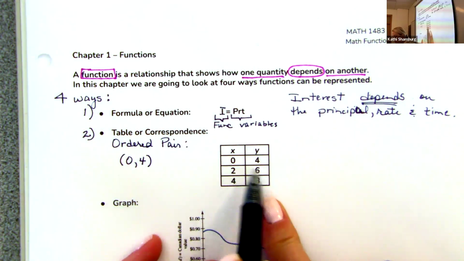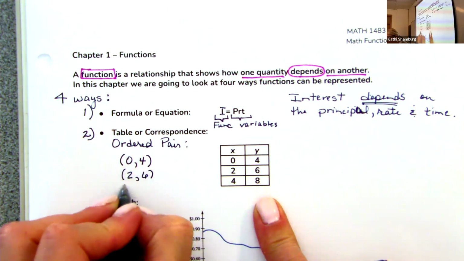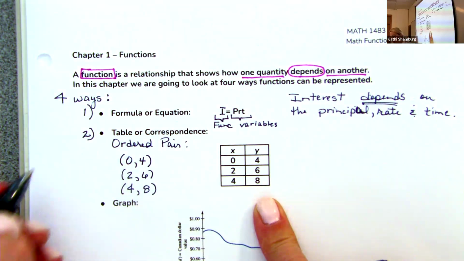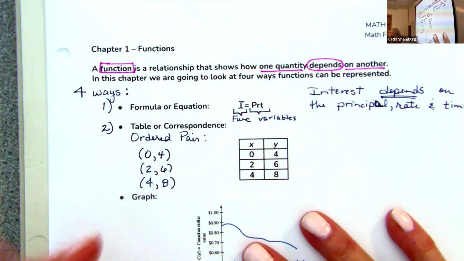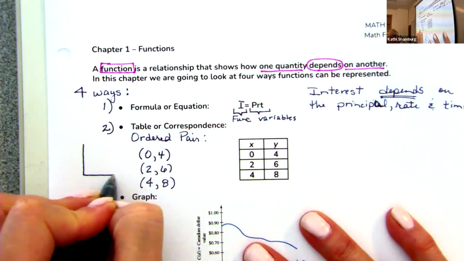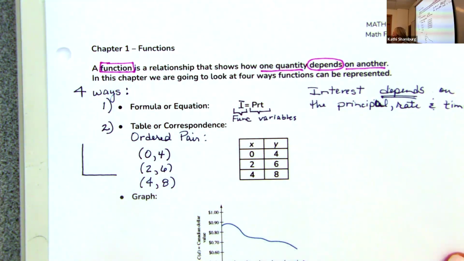So we would have 0, 4, another ordered pair would be 2, 6, another ordered pair would be 4, 8. Now, what that corresponds with is that at some point in your math background, you graphed ordered pairs.